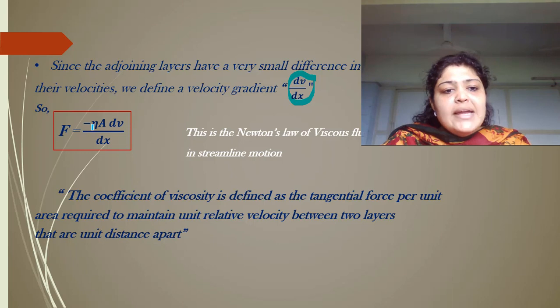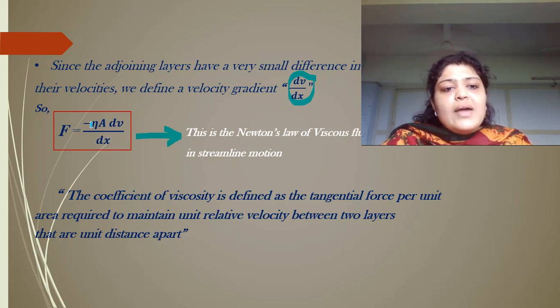Instead of minus eta AV upon x, I will write F is equal to minus eta A dv by dx. Again, this negative sign only indicates that the dragging force drags opposite to velocity. This equation is known as Newton's law of viscous fluids for a streamlined motion.